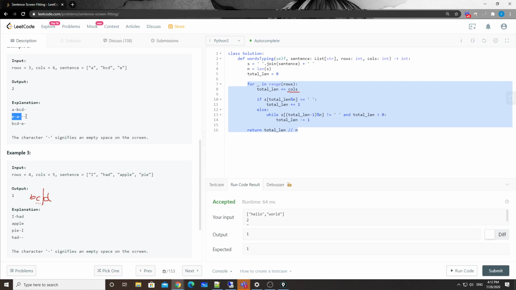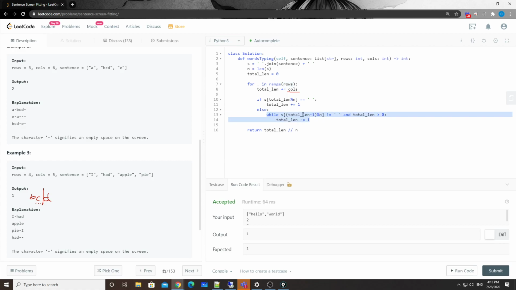And once we have that, we can simply divide the total length by the length of the sentence, and that gets us our result in O of M, which is the rows, because here I think the sentence is constant, right?